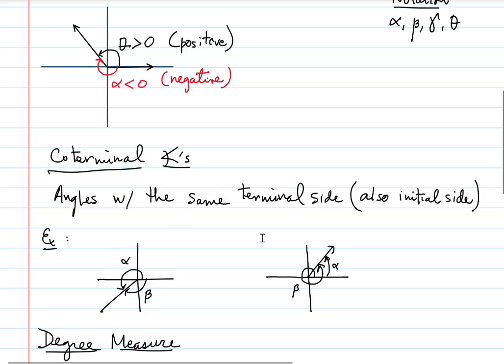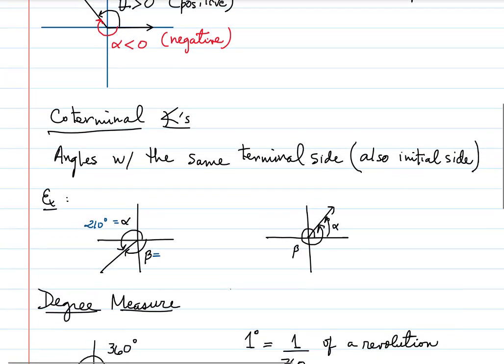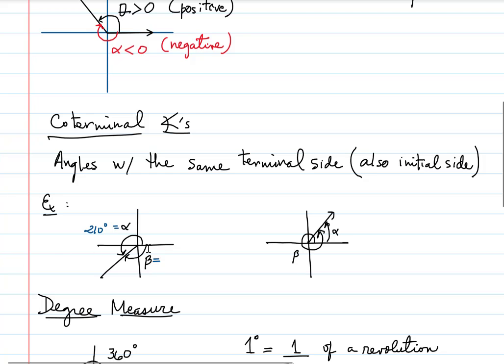Let's say this alpha is 210 degrees. What would this beta be? We just discussed that the whole revolution is 360. So if this whole thing is 210, then the beta will have to be 150.